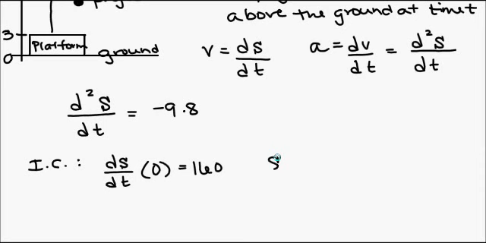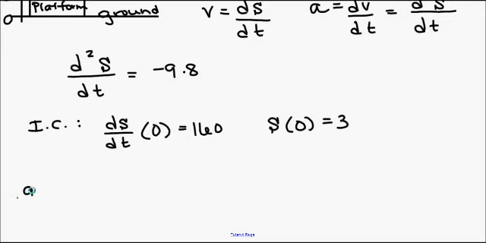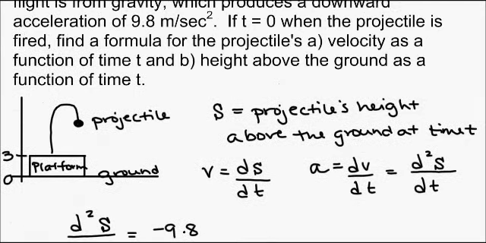And we know that at time 0, the projectile is at 3 meters above the ground. Okay, so the first thing we want to do, part A, is find the velocity as a function of time t.